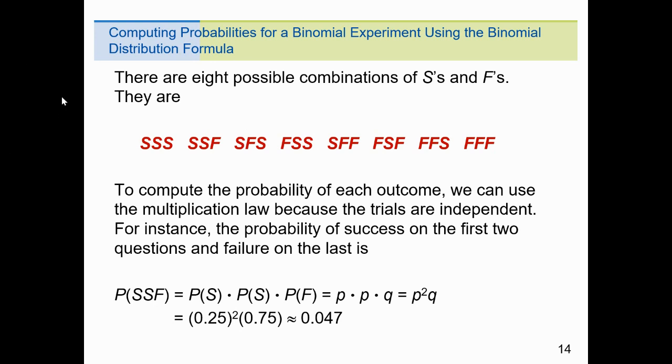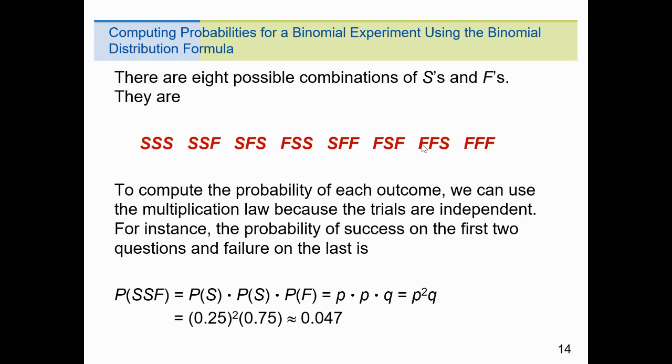You could get all 3 correct, SSS. You could get all 3 wrong, FFF. But notice, you could get the first 2 right and the last one wrong, or the first one right, the second one wrong, and the third one right, or the first one wrong and the next 2 correct. You see what's going on here. SSF, SFS, and FSS are all different ways of arranging those 3 items.